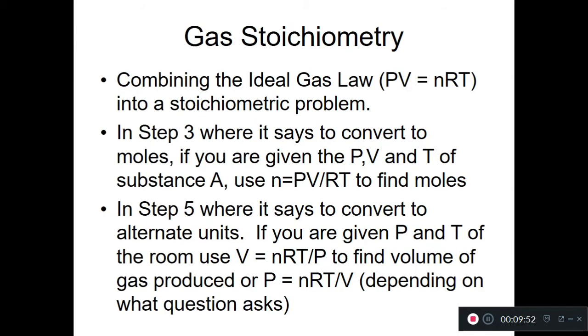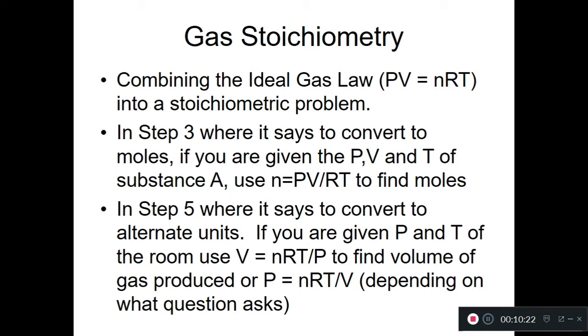So here we go. We've talked about stoichiometry with solids. We've talked about stoichiometry with solutions, and now we're going to talk about stoichiometry with gases. And just like we saw with solutions, the only thing that changes is in step 3. If I'm given information about a substance in terms of its temperature and volume and pressure, and I need to convert to number of moles to do my stoichiometric ratio step, I can use the ideal gas law.